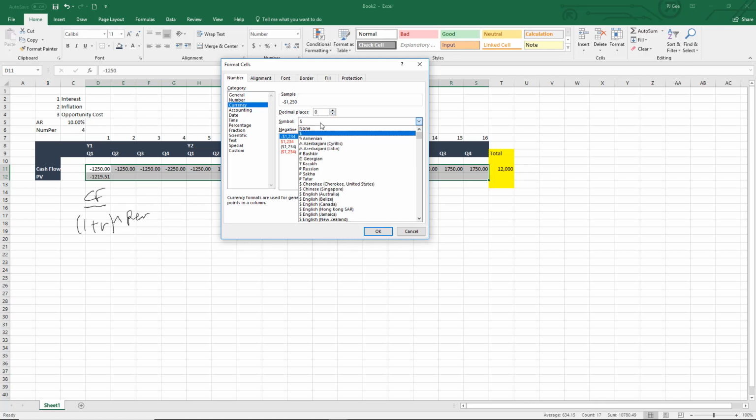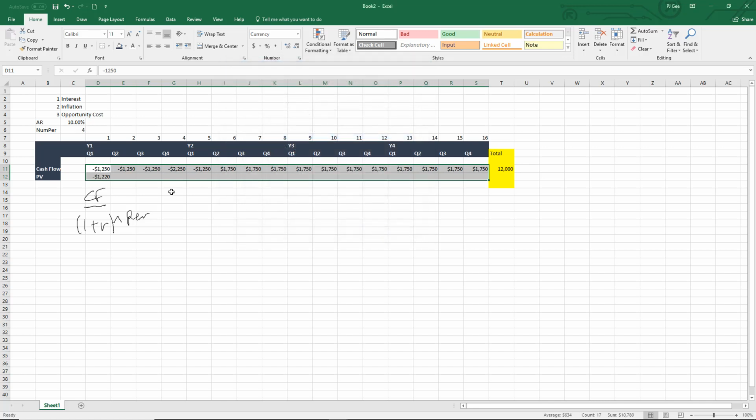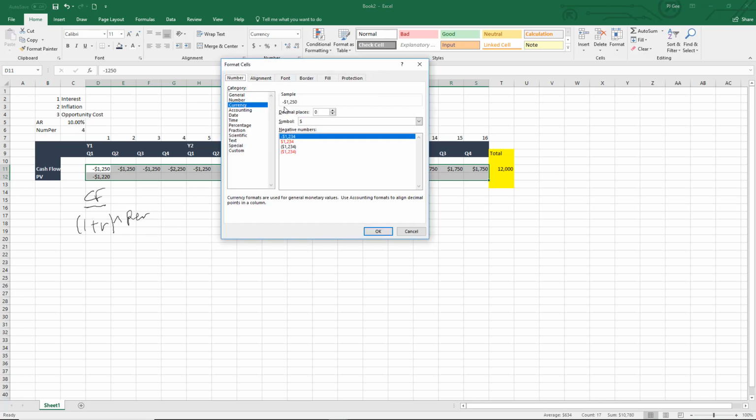And I'm going to get rid of the dollar sign. I'll show you both ways. If we leave the dollar sign in there, every cell gets a dollar sign, and sometimes it's a little bit more elegant. Sometimes you want to have it in there depending on what your table looks like, and sometimes it looks more elegant without it. So if we come back to currency, let's just try it without that. And what we're saying is there's different formats for showing negative numbers.